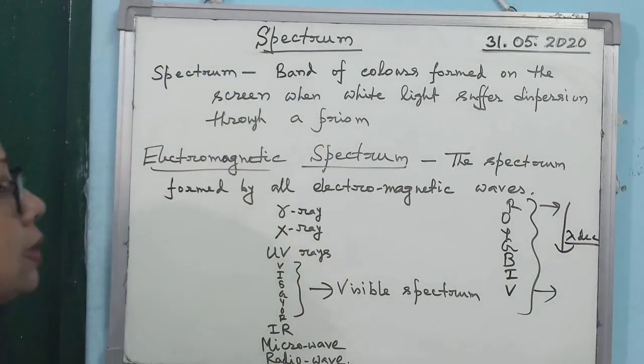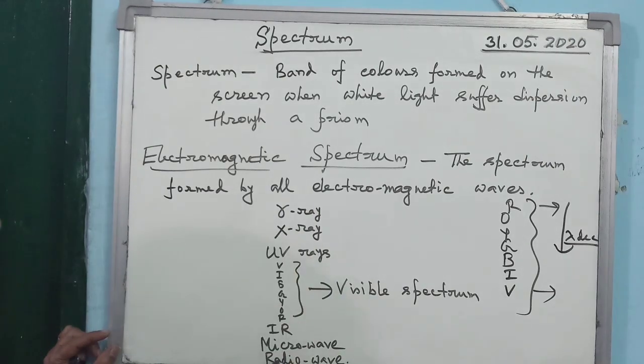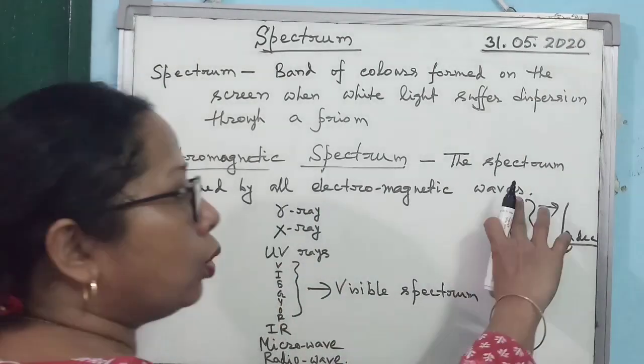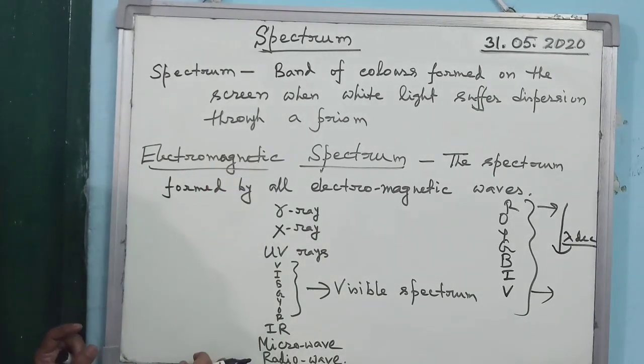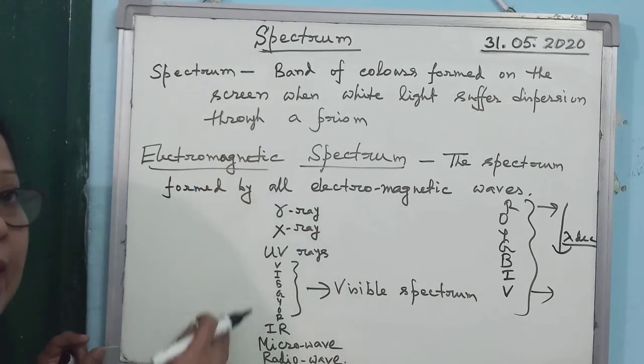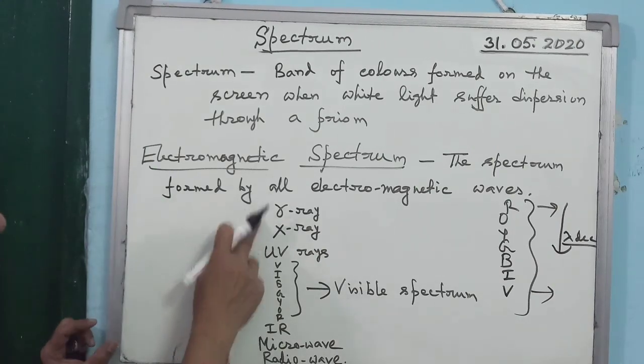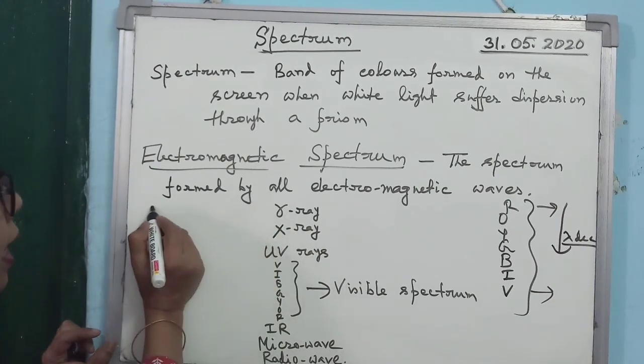Alright. So here you see, in case of the electromagnetic spectrum, instead of arranging only the visible part, we have taken all the electromagnetic waves, and this is how we have arranged them. In this arrangement, gamma has the highest frequency.